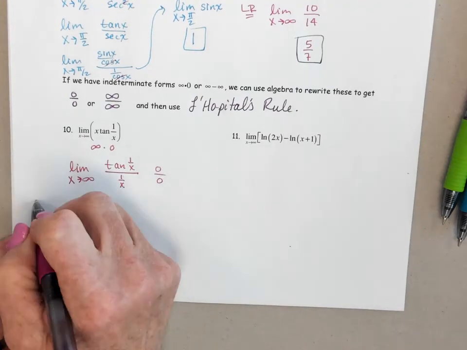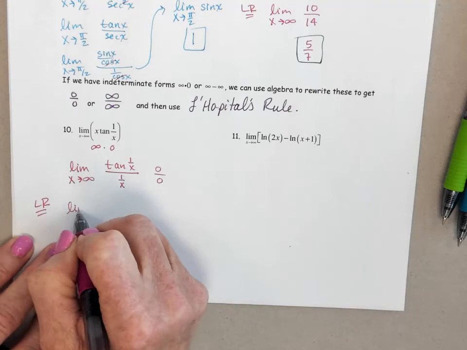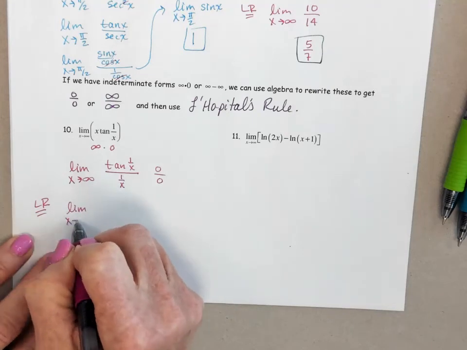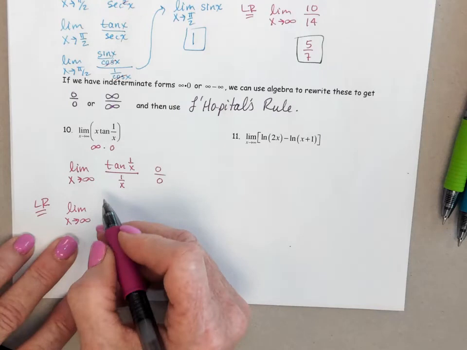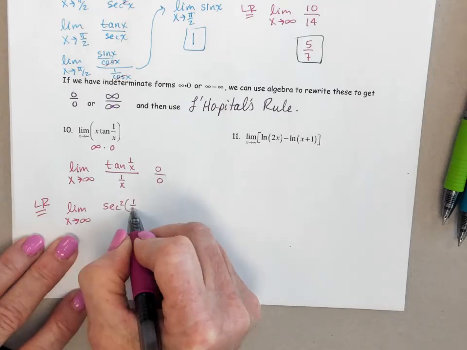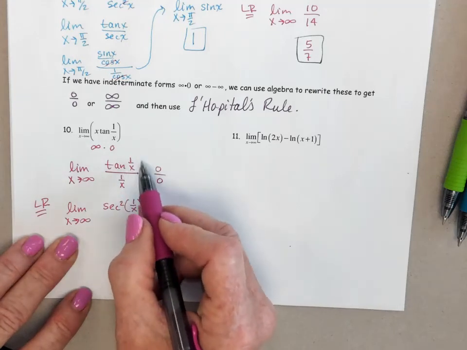So let's do L'Hopital's rule. We'll take the derivative of the numerator and the derivative of the denominator. So we have the limit as x approaches infinity. The derivative of tangent is secant squared, times the derivative of 1 over x.